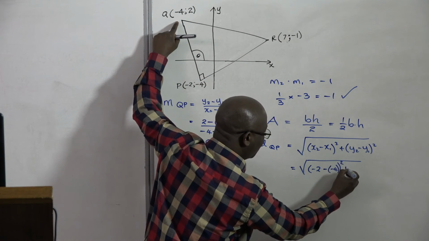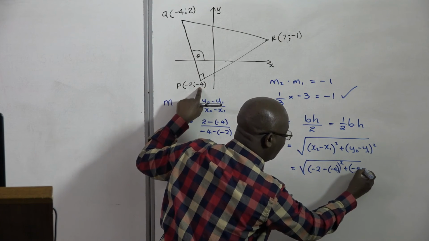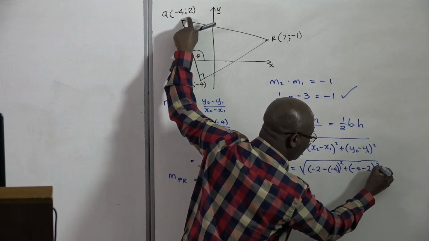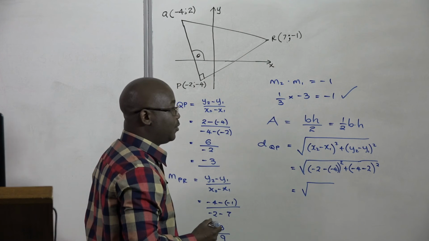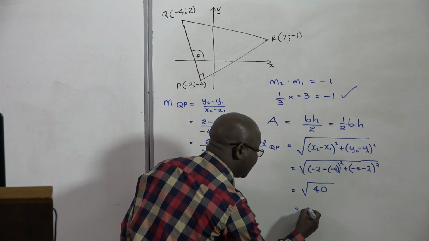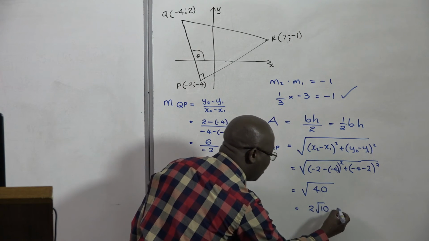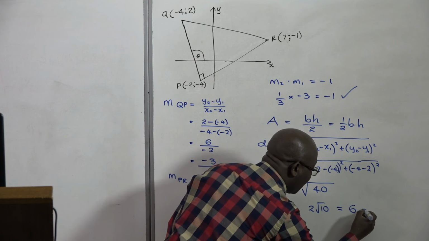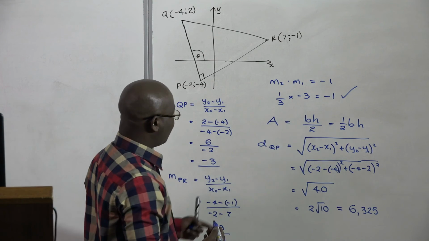All this should be squared, plus y2 is minus 4, minus y1, which is minus 2. All this should be squared. If we punch all this in our calculator, it will give us the square root of 40, which we can write in surd form, and it becomes 2 root 10. If you want, you can convert that into the decimal, and it becomes 6.325. So we now have the length of QP.